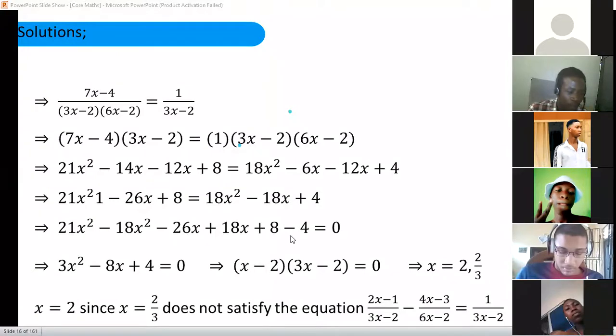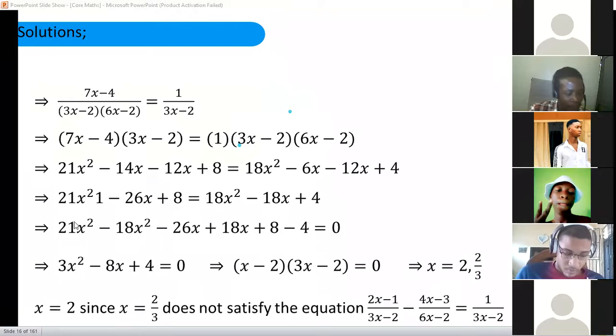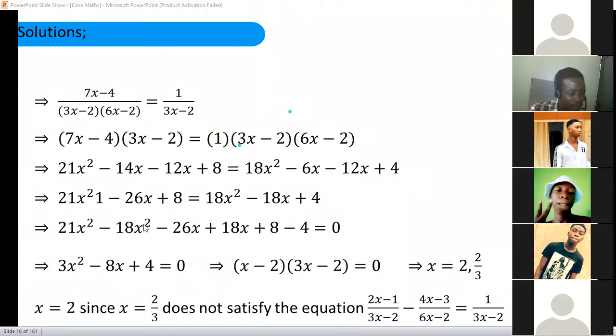Then we group like terms. When we group like terms, I have 21x squared minus 18x squared, giving us 3x squared, then minus 26x plus 18x, giving us minus 8x.